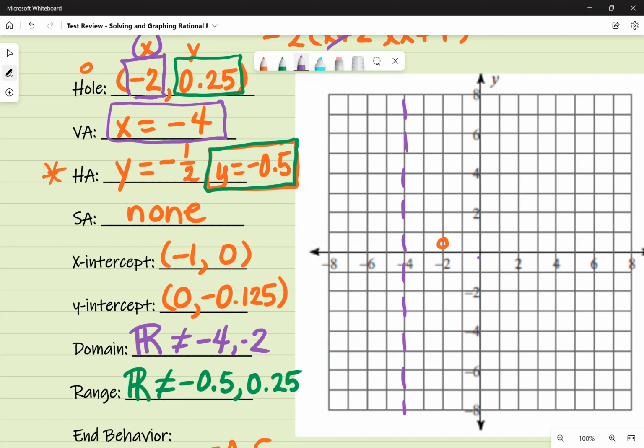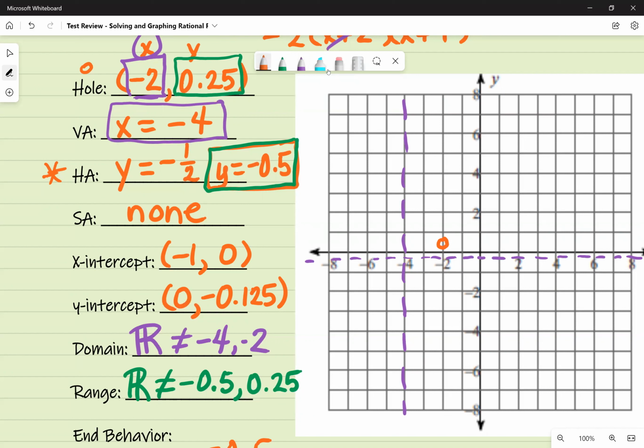So that's going to be somewhere down here. This is the y-axis and negative 0.5. So somewhere around here. My asymptotes are identified by a dashed line.